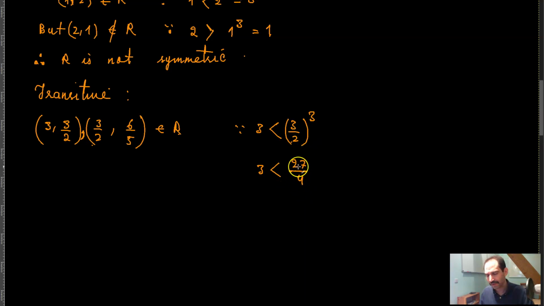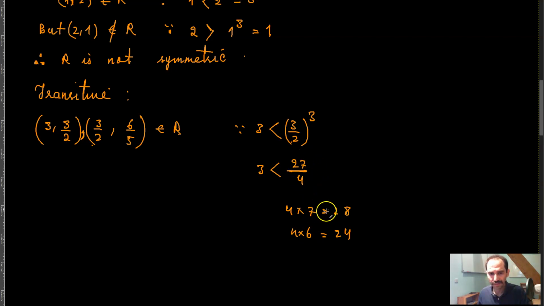27 fourths is something like, for example, 4 times 5 is equal to 20, 4 times 6 is equal to 24, 4 times 7 is equal to 28. So that means that 27 fourths is some number between 6 and 7.